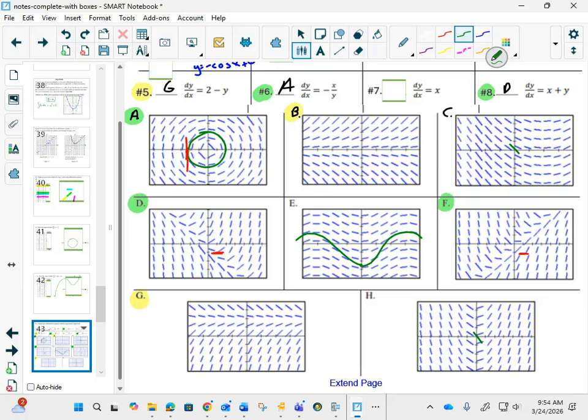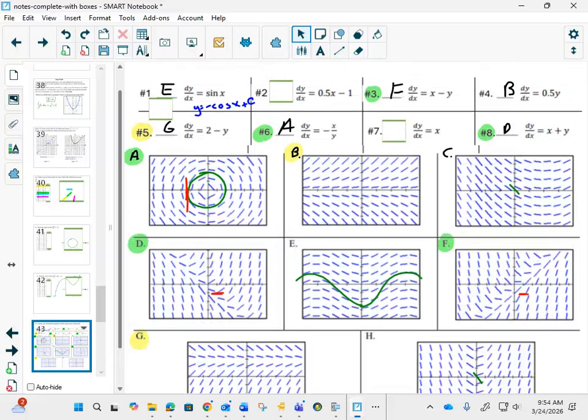Which are the ones that I have left to check? Those are the only 2 left. So I kind of like this one, but I didn't feel like the slope was enough. This one, it looks like it's switching. Does it switch at that point? I might still be unsure. So I go and I check some other slopes, right?